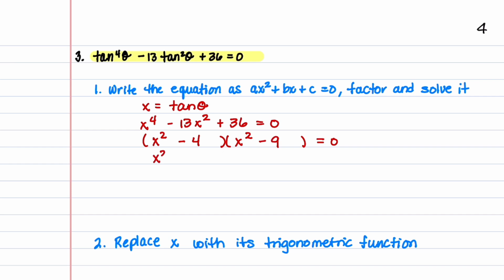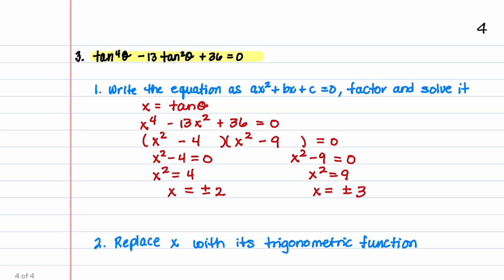So this gives us x squared minus 4 is equal to 0, and x squared minus 9 is equal to 0. So on the left, we have x squared is 4. That gives us x is equal to, we have to pay attention, we need to make sure that we do a plus minus. So x is going to be plus or minus 2. And then on the right, we have x squared is equal to 9. So we have x is equal to plus or minus 3.